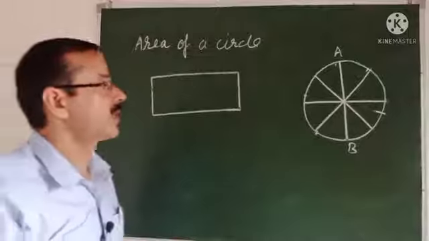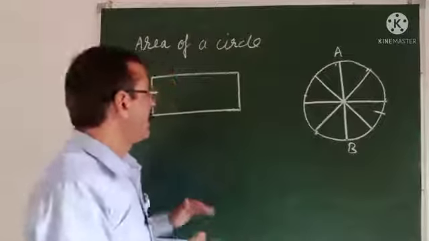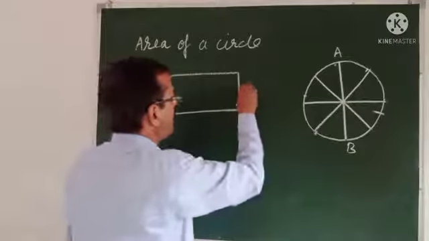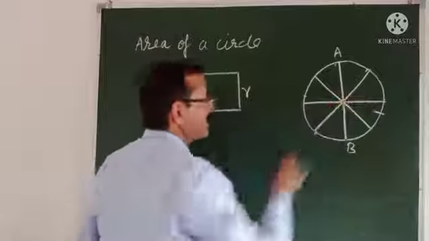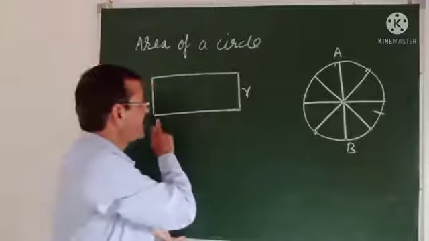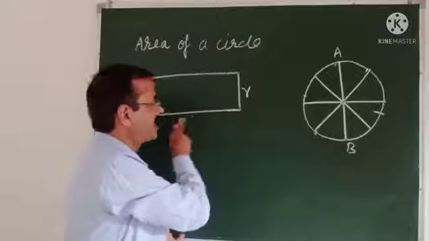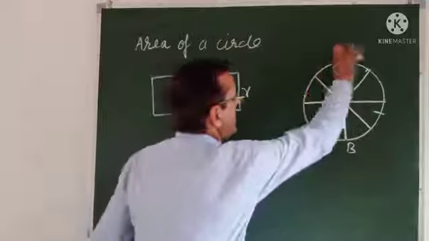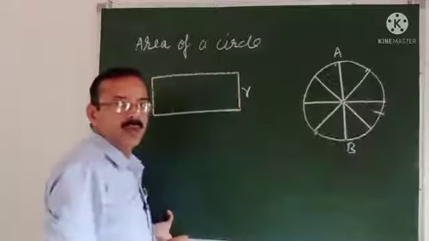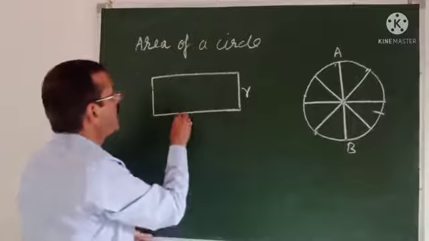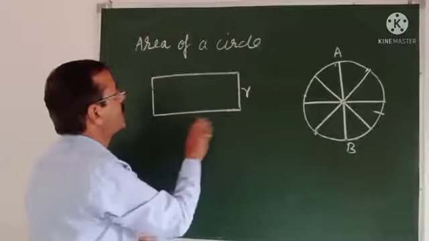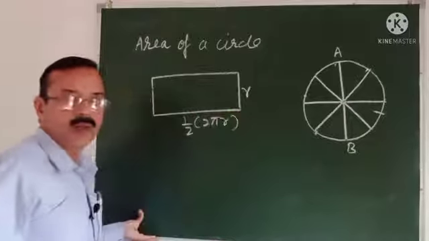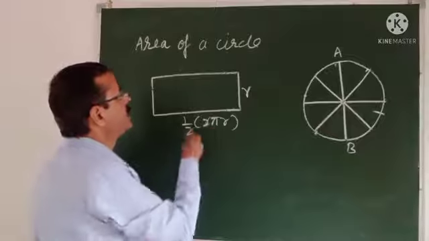If we divide into equal parts and arrange in a rectangular shape, we will find that this height will be equal to the radius of the circle, and if we measure this length with a thread or any string, we will find that it is half of the perimeter. Perimeter means 2 pi r, half of the perimeter. So 2 cancels, that will be pi r.